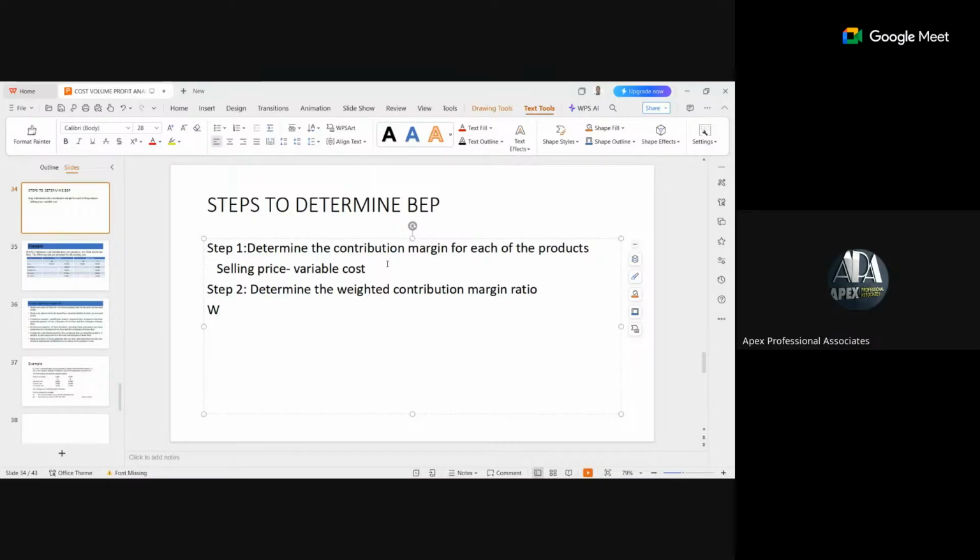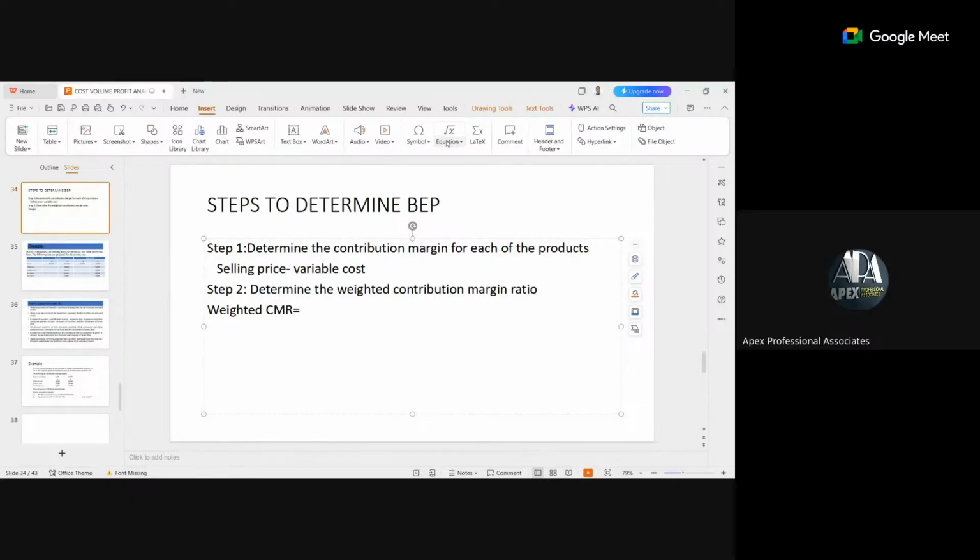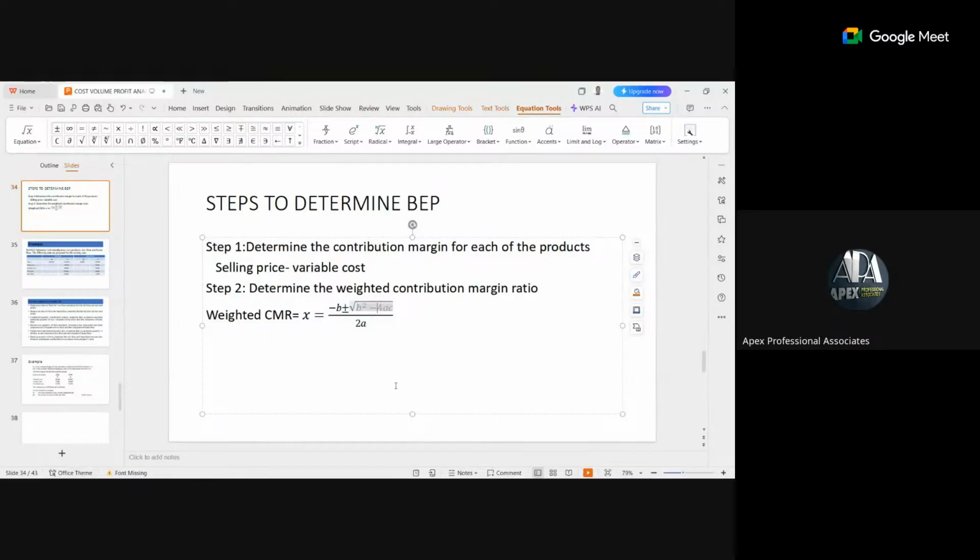The weighted contribution margin ratio, in acronym CMR, will be weighted contribution margin divided by what?